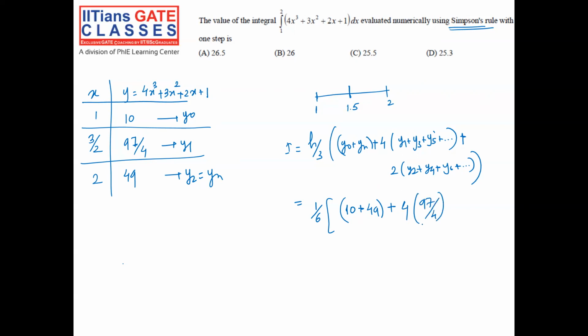Now this 4 will get cancelled and we end up with 1 by 6 times (10 plus 49 plus 97). The sum of all this is 156, so it's 156 by 6, which is 26. Hence option B is correct in this case.